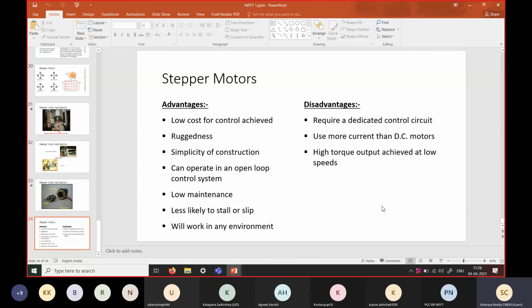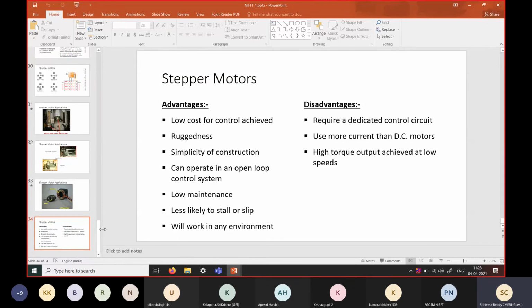They also use more current than a DC motor, because they need current to energize the coil and produce a stronger magnetic field, so that the rotor will position itself with the help of the magnetic field. At low speeds also, due to these stronger magnetic fields, we can achieve a very good torque output.